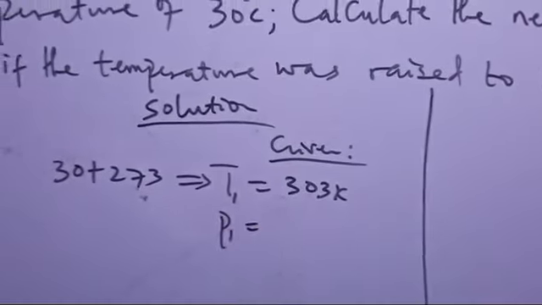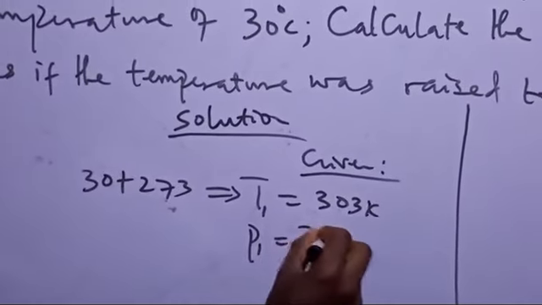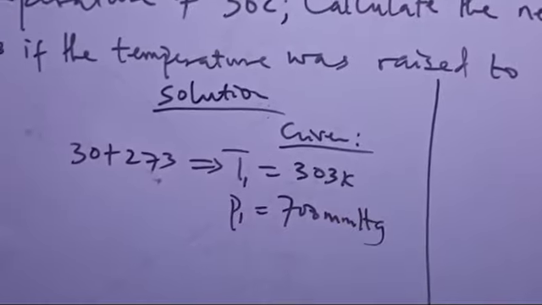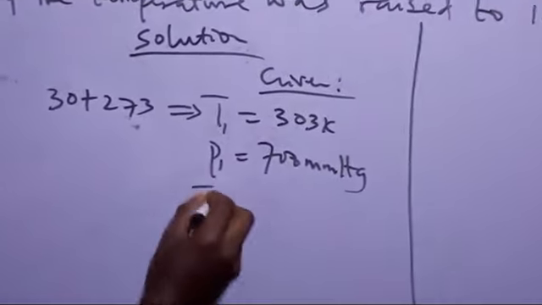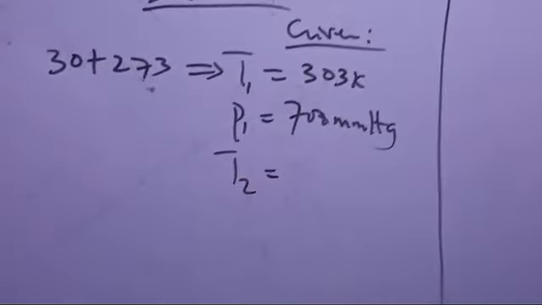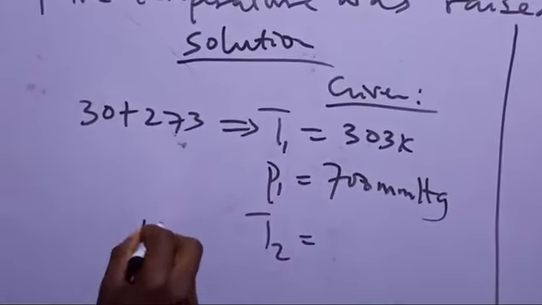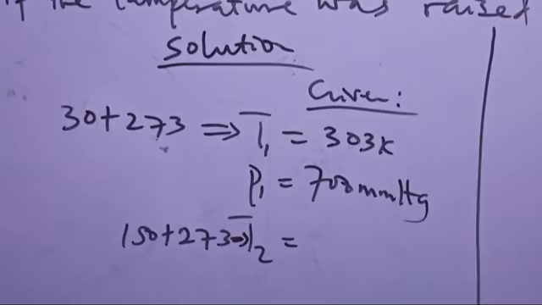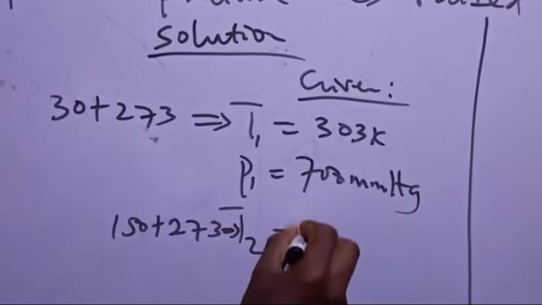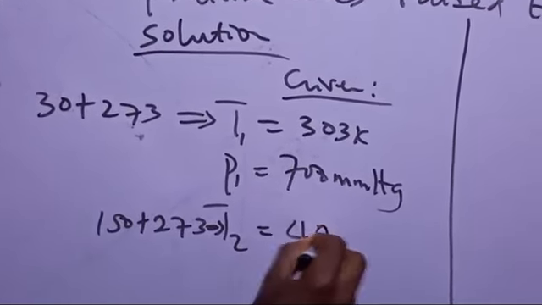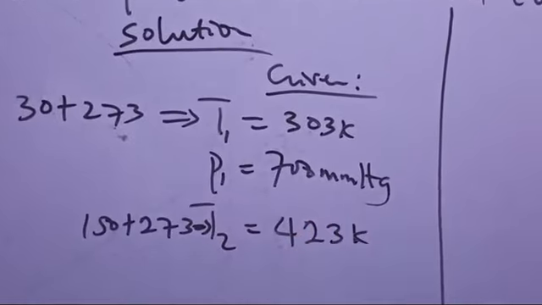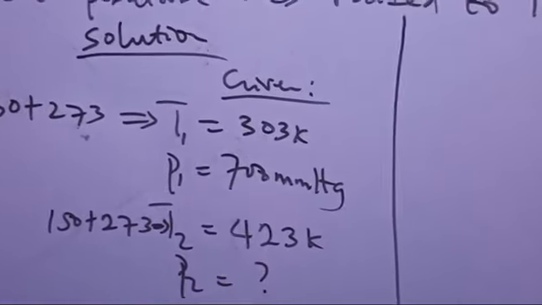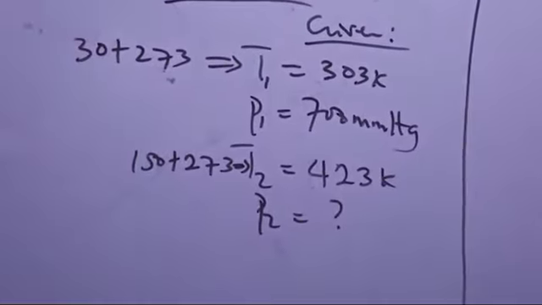P1 equals, as stated, 700 millimeter mercury. T2 was 150 plus 273, so T2 is 423 Kelvin. Then P2, the second pressure, is what I'm looking for.